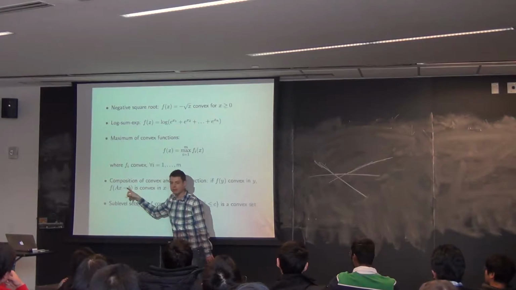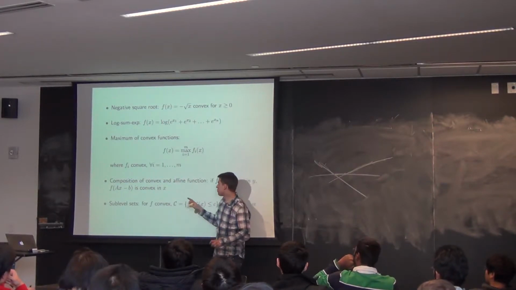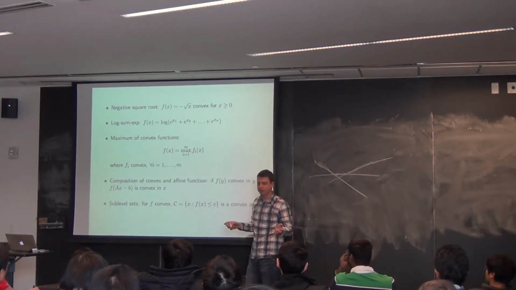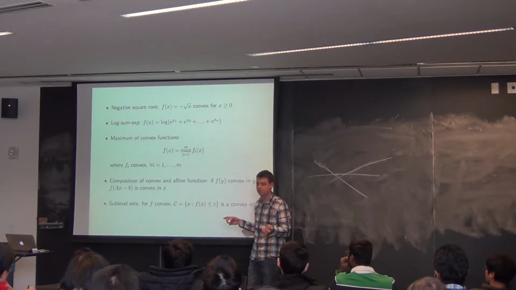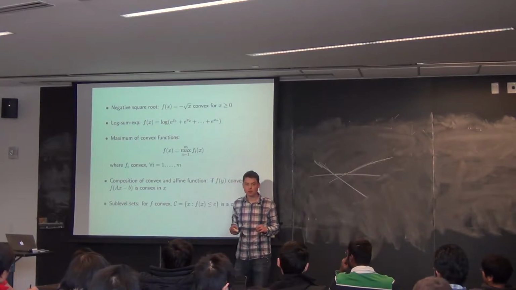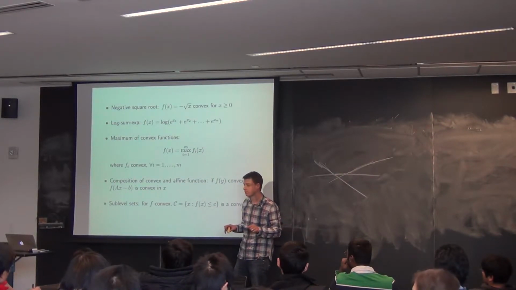F of ax minus b is also convex in x. All right, so you can put essentially linear things inside a convex function, and the function's still convex. So all these rules together are actually quite powerful in terms of the type of functions you can prove are convex.